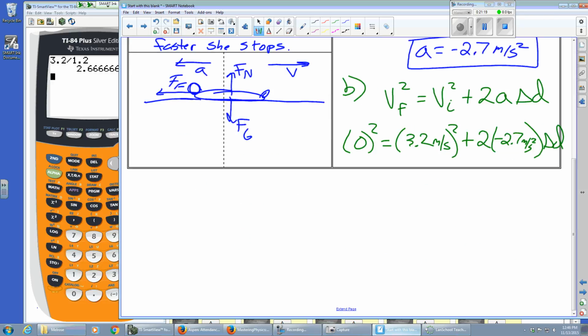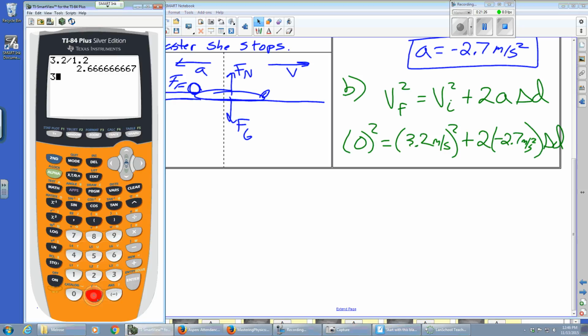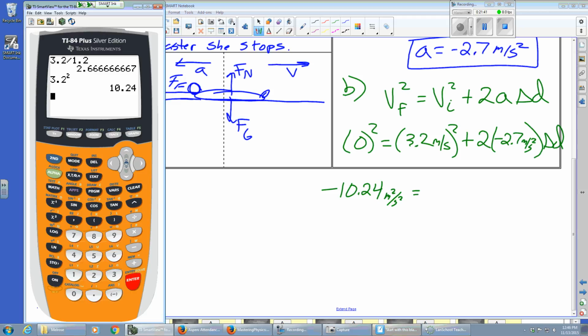And I'm looking for delta d, so I'm going to bring, let's see, what's 3.2 squared? 10.24. So I'm going to bring the 10.24 over on the other side and make it negative 10.24 meters squared per second squared equals, let's see, 2 times 2.7. 2 times 2.5 is 5, and then the 0.2, 5.4.